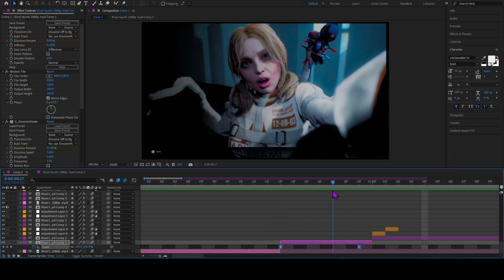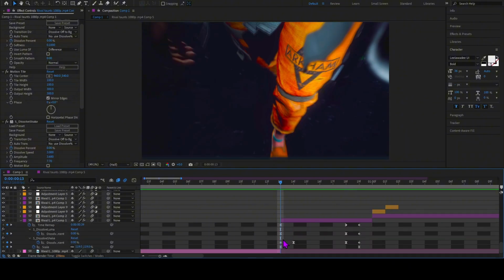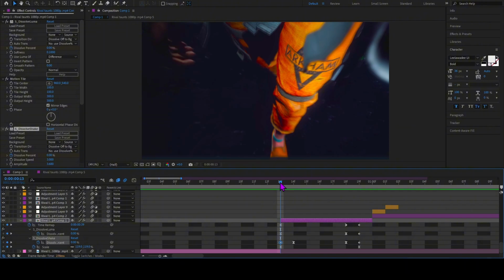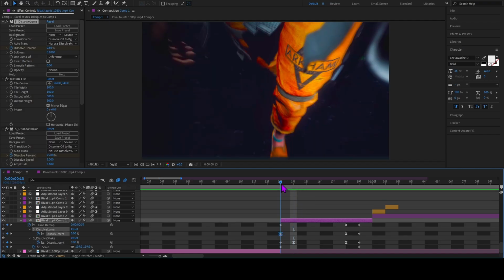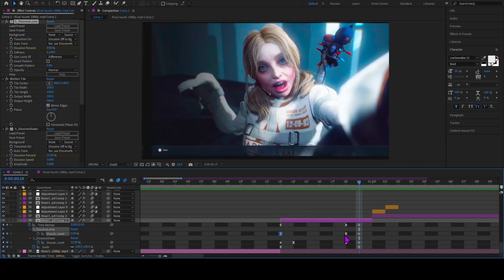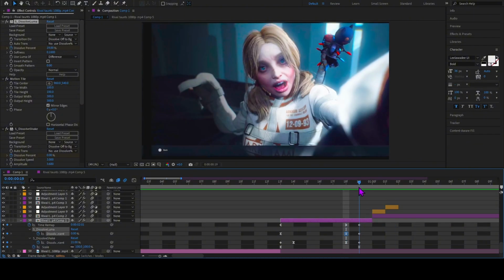Right. But for the effects on this clip specifically, I had the dissolve luma. So for the first keyframe 0, and then it went from 0 all the way to, let me see, yeah, to 19, and then I have one last keyframe right here at the end where it goes back to 0.